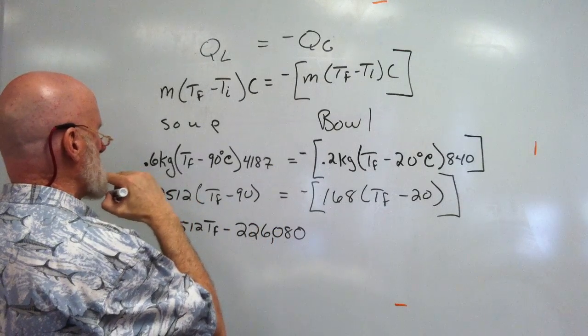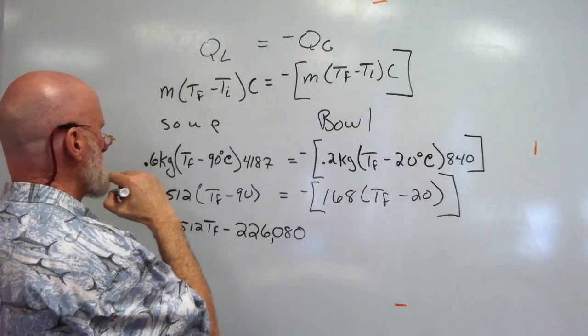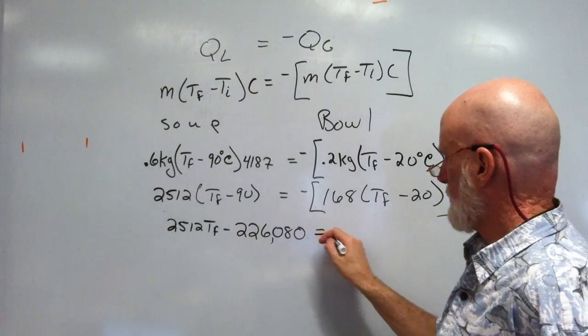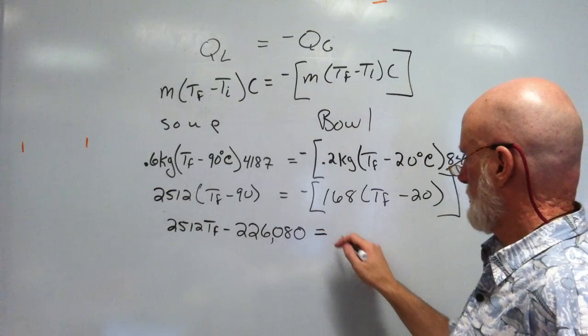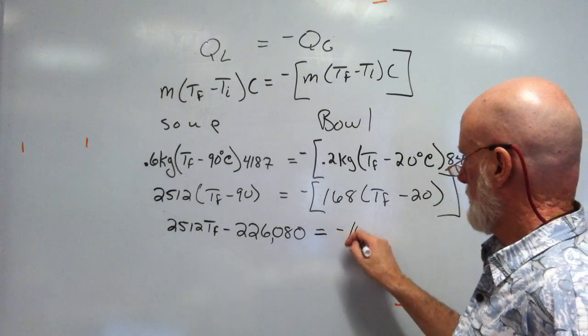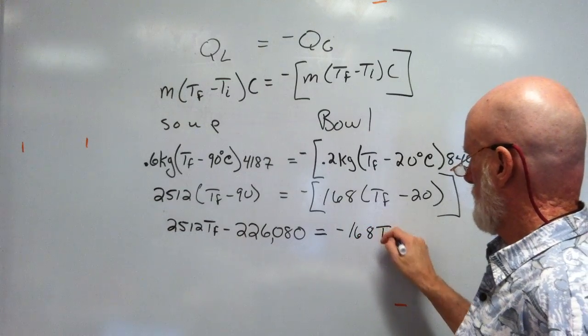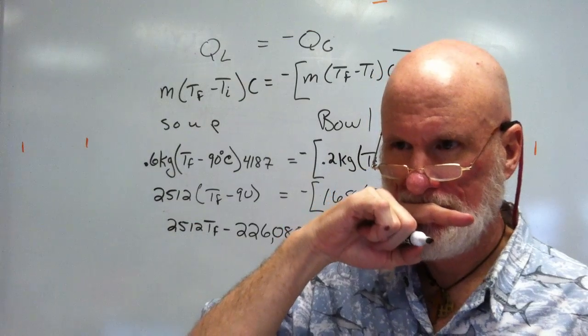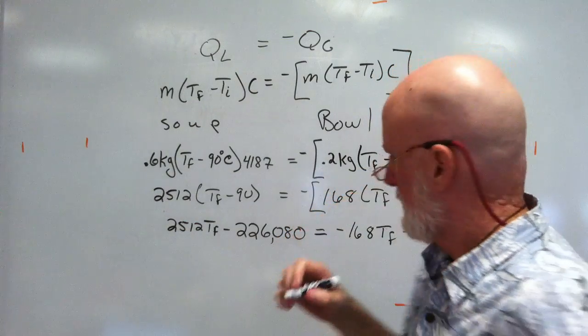Is that right? Yes, it is right. Equals negative 168 TF minus 3,360. Is that what you got? Yeah, 3,360.